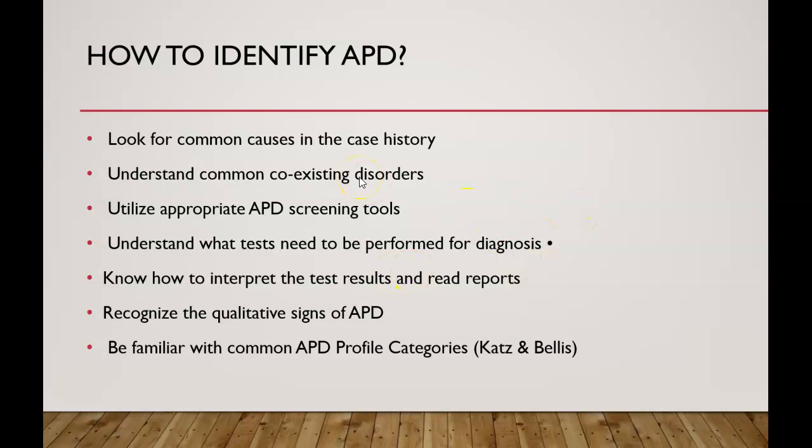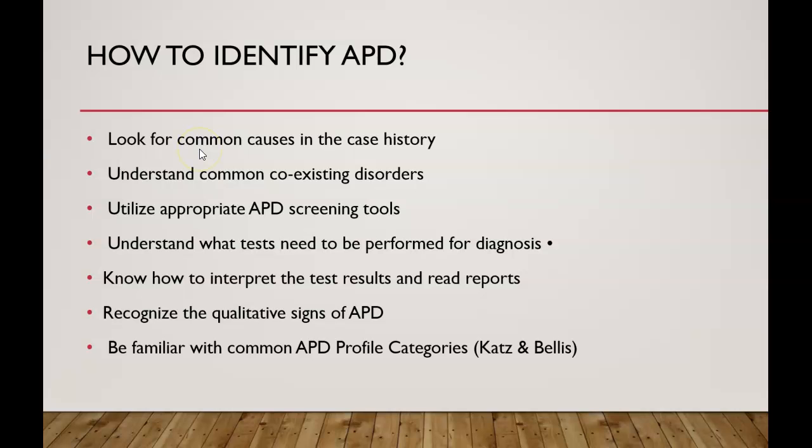If one of those areas, or possibly a second area, is problematic, then what we need to do is identify auditory processing disorders in that person. So it's imperative that we evaluate the case history to look for some of the common causes.